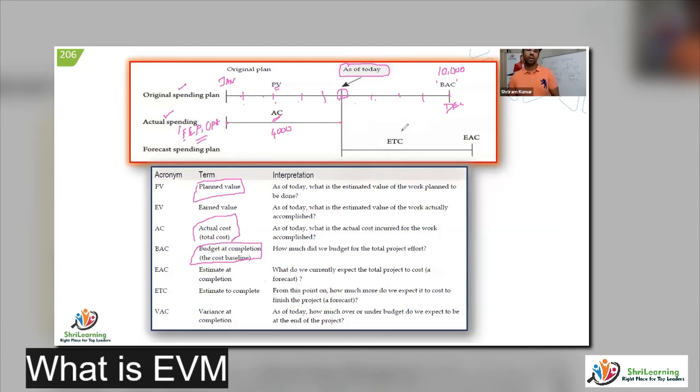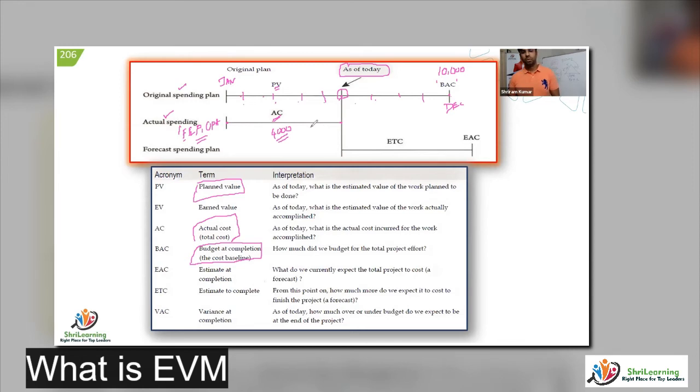Now I have spent 4,000, but how much of the work got completed? I'll come back here. See, this money calculation was made for the work to be completed within $10,000. But that doesn't mean that you will complete it at exactly 10,000. It can go high, it can go down because of these factors of EEF and OPA.